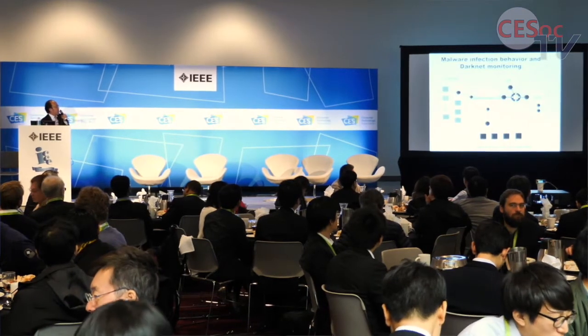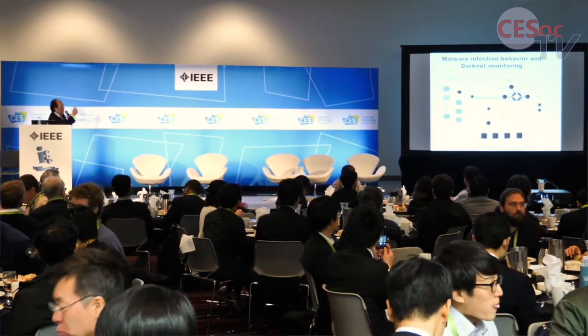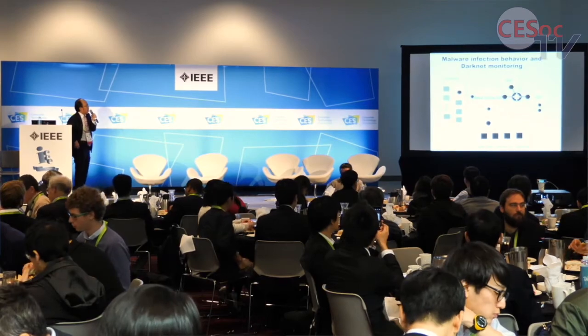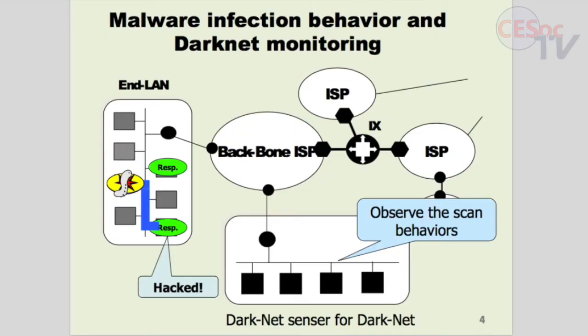You can imagine, on the left side, a LAN, a local area network, and the bottom area indicates the darknet sensor monitoring. On the left side, one small host sends a ping, an ICMP echo request, to the network including the darknet.